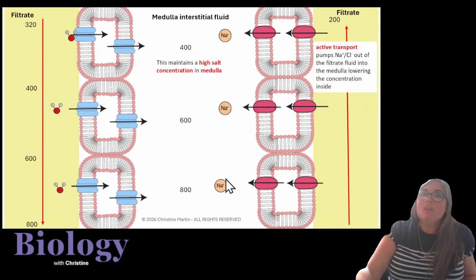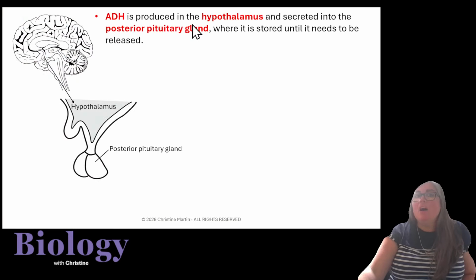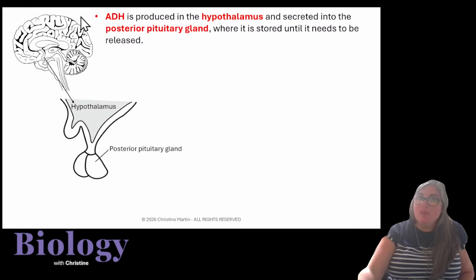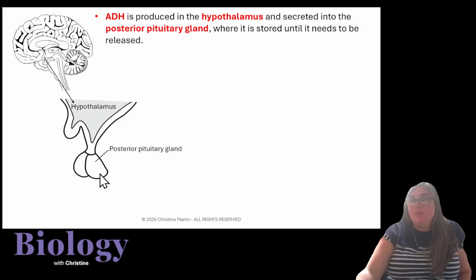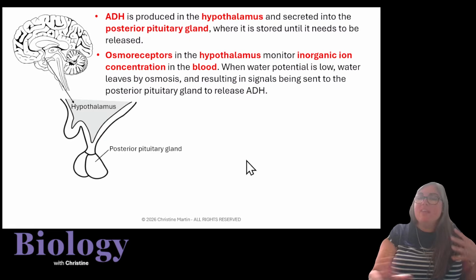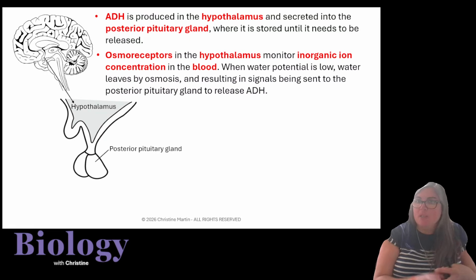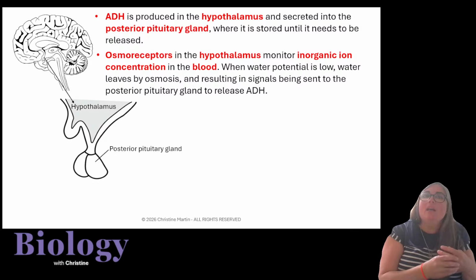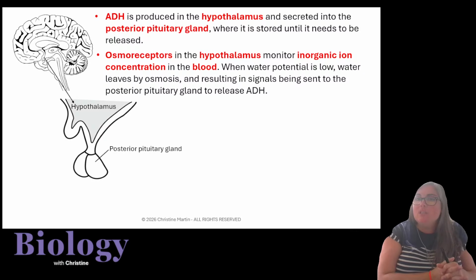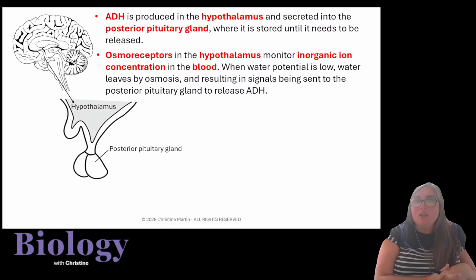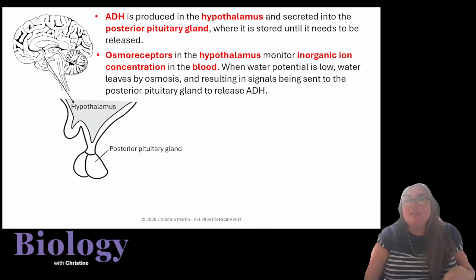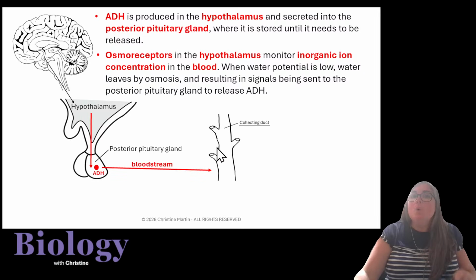So if we are looking at our antidiuretic hormone, which is obviously produced in the hypothalamus and is going to be secreted from the posterior pituitary gland, we therefore need to look at our osmoreceptors. Osmoreceptors in the hypothalamus are going to monitor our inorganic ion concentration in the blood, and that is going to result in the posterior pituitary gland secreting more or less ADH depending on what needs to happen.